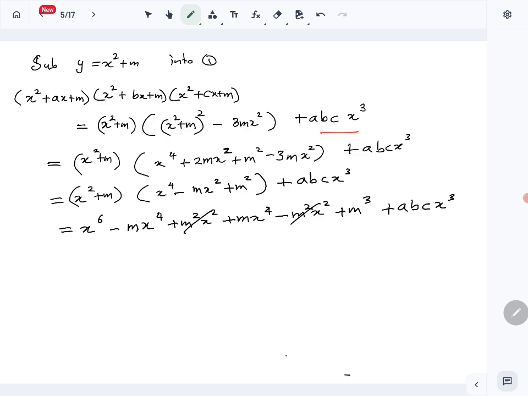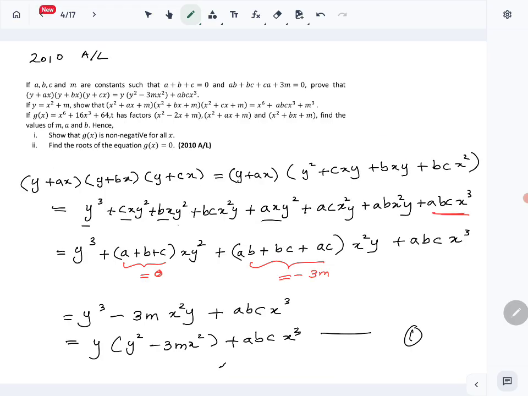This one and this one cancel, this one and this one cancel, and now we have the required result: x to the 6 plus abc x cube plus m cube, right? Yes, that is what we need. So that part is also done.